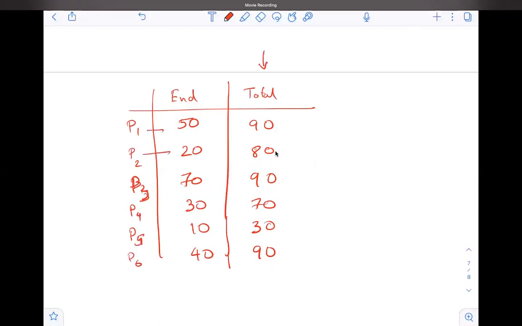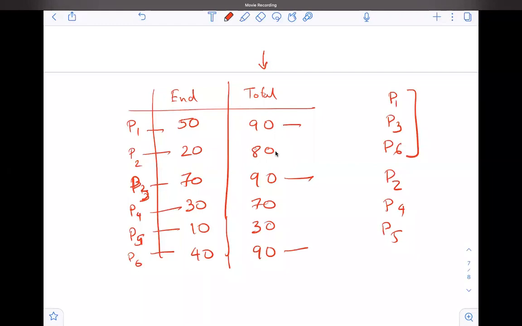If I just sort them, I would have something like P1, P3, P6, then P2, P4, P5. But look at this, P1, P3, P6 all have got 90 marks, but their end sem marks are not sorted.